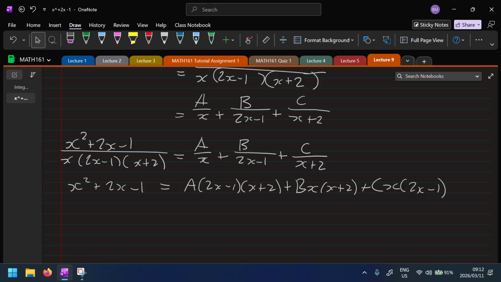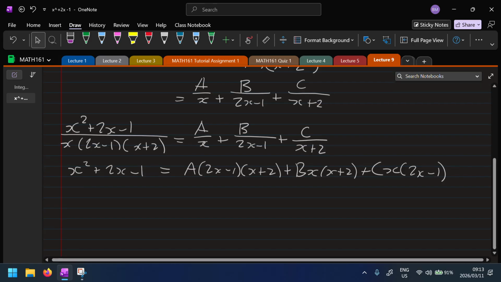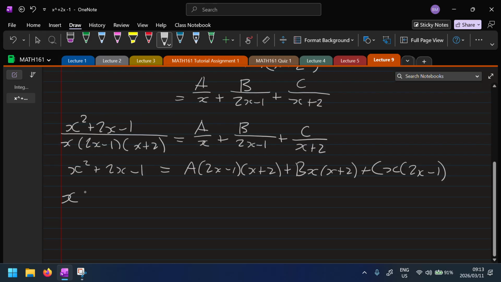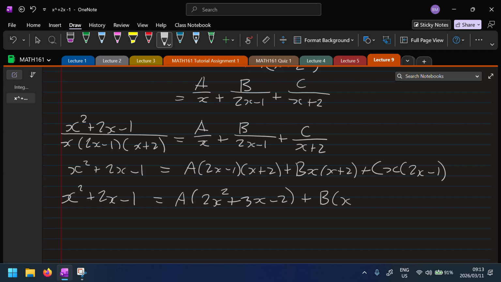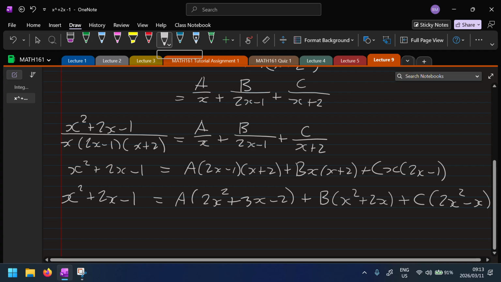So what we're going to do now is on the right-hand side, we've got a bunch of brackets. We're going to expand everything out. Okay, so here we have x squared plus 2x minus 1 equals A times 2x squared plus 4x minus x minus 2, plus B times x squared plus 2x, plus C times 2x squared minus x.